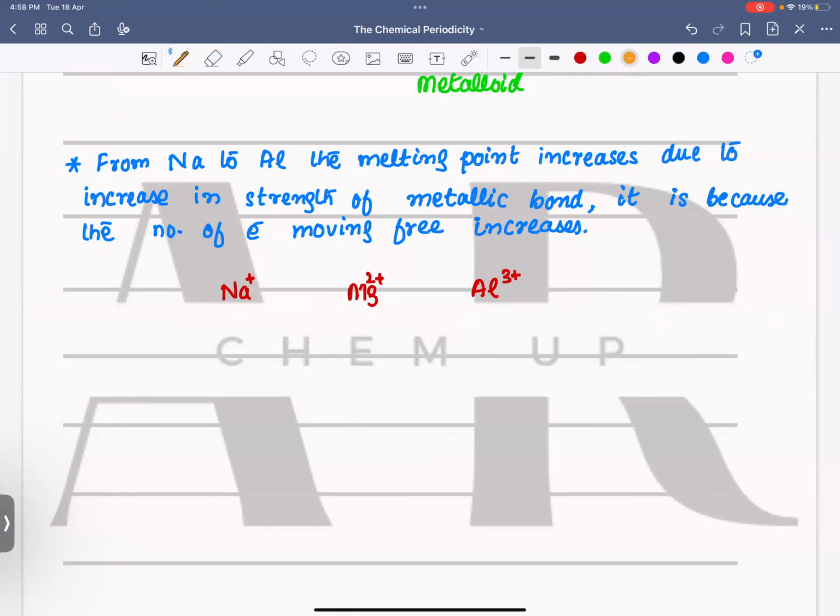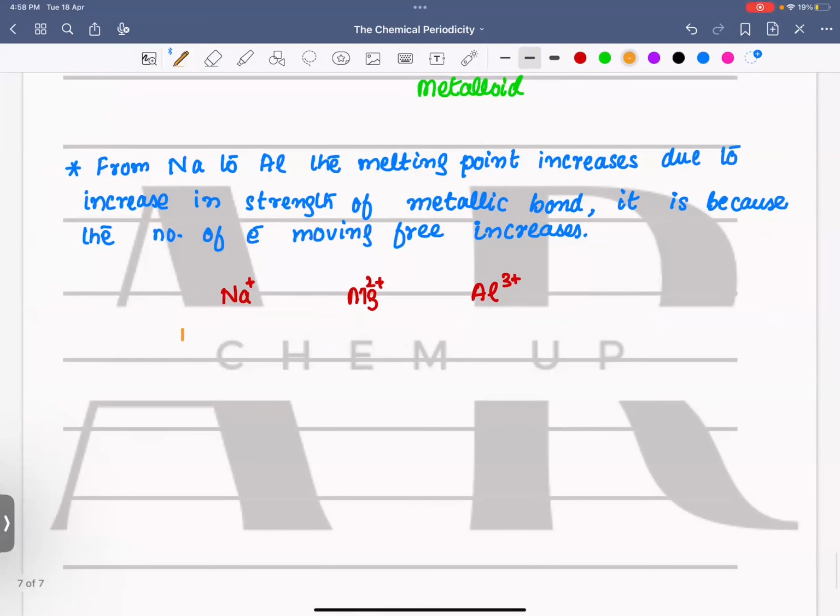So I can write over here 1 mole. Okay, do it this way. Amount of each substance and then number of free moving electrons.